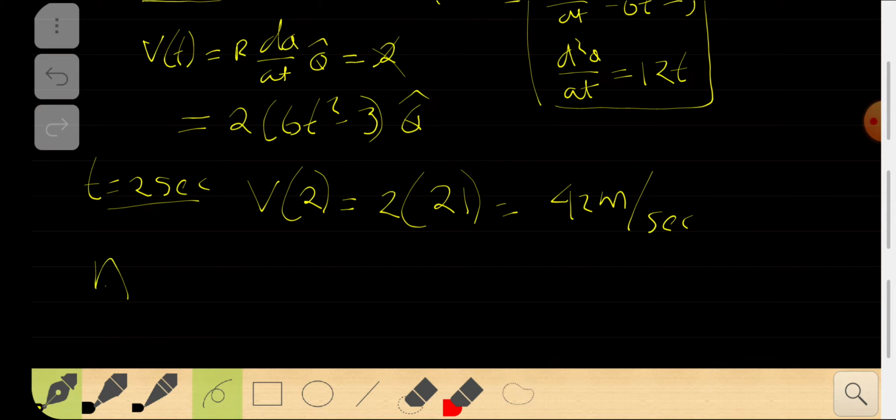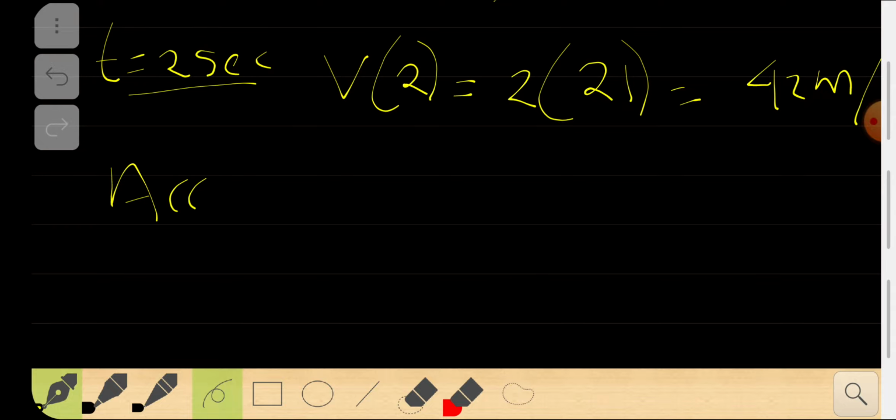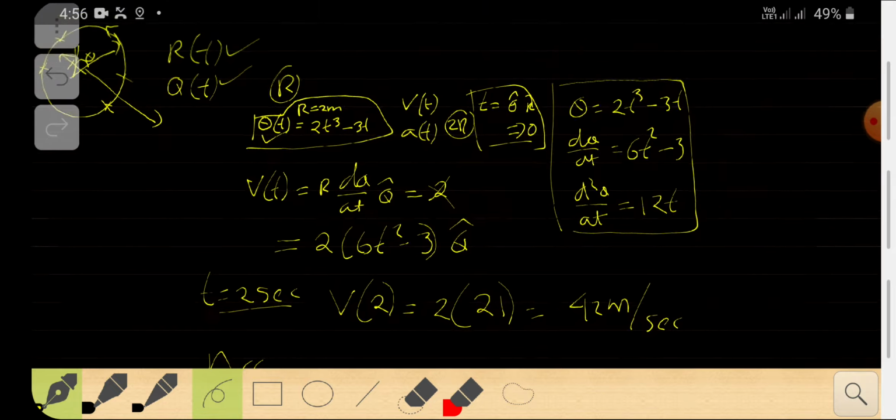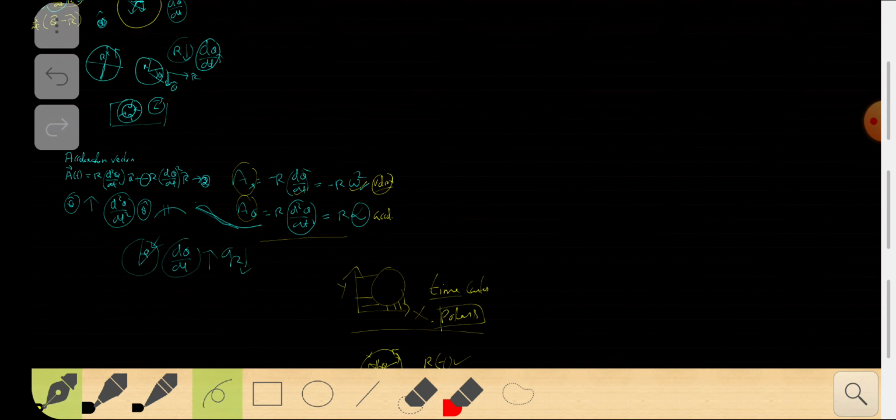The next thing I have to do is find the acceleration. If you look at equation 2, that's why I had equation 2 and equation 1 written down.